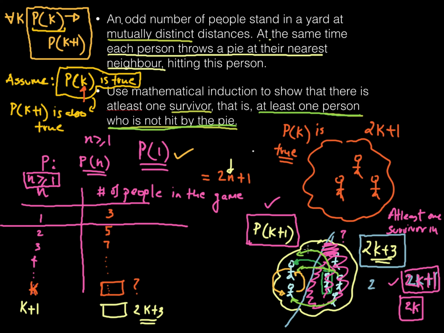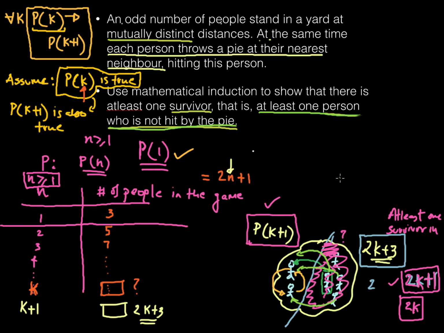Okay, but what happens if there are zero pies thrown in this half here? Let me redraw this universe again. So let's come back and redraw this yellow thing over here. Now I still have my two people here, person 1, person 2, and everybody else, 2k plus 1, is over here.